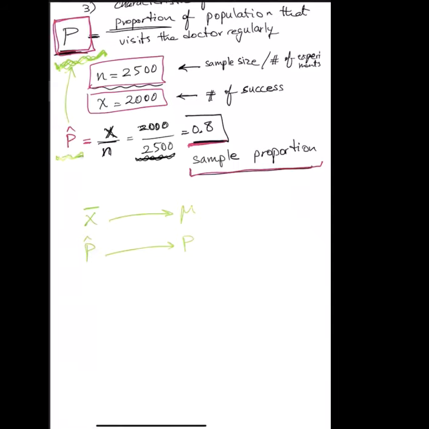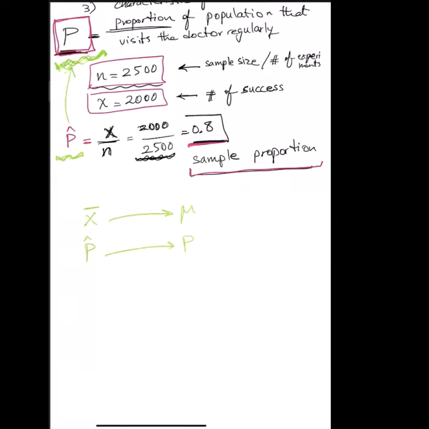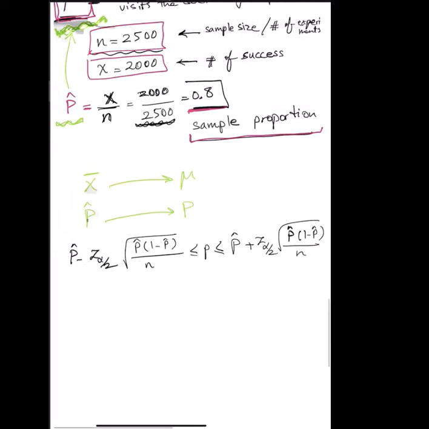Okay, now if I want to construct, what does this say? Calculate a 95% two-sided confidence interval. The formula, you have it, is P hat plus or minus Z of alpha over 2 times the square root of P hat times 1 minus P hat over n. Okay, that's the formula for a two-sided confidence interval. And obviously here, I have the value of P hat, that we calculated here, the 0.8.